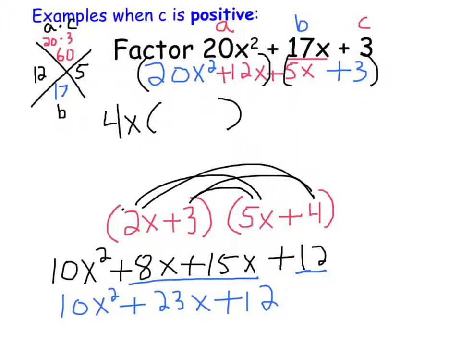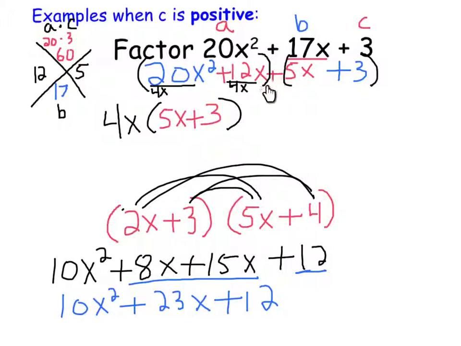So I need to divide this by 4x, and 20 divided by 4 gives me 5. And x squared take away 1x, I have 1x left over. Next, I'm going to do 12x divided by 4x. The x's cancel, and 12 divided by 4 is 3. So I end up with 5x plus 3 in my parentheses.